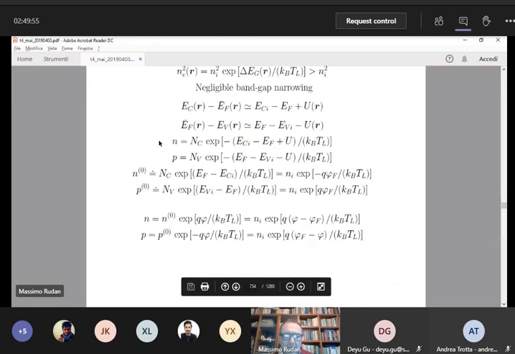You have the general expression of the concentrations of the electrons and holes in a situation in which the dopants depend on position, but the non-degeneracy approximation is applicable. So you have exponentials in which, besides the usual EC minus EF, you also have the electrostatic energy of the carriers. Okay?